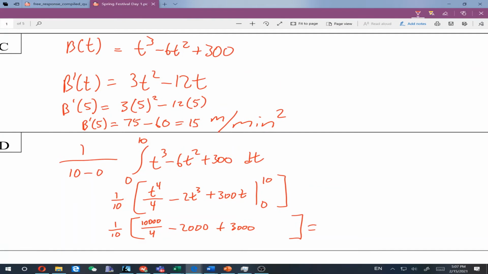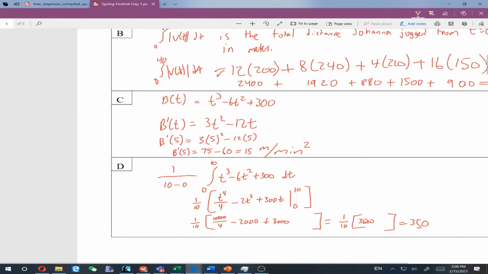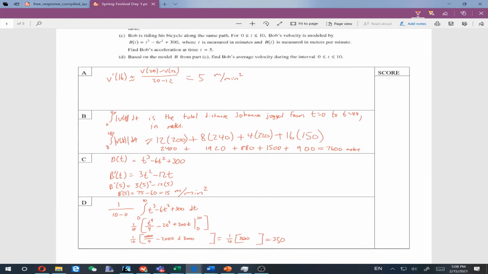That's okay, language difference. So what happens when I add all this together? 3,500 divided by 10. 350, awesome. So we got our average value of B(t), so what should my units be for this one?